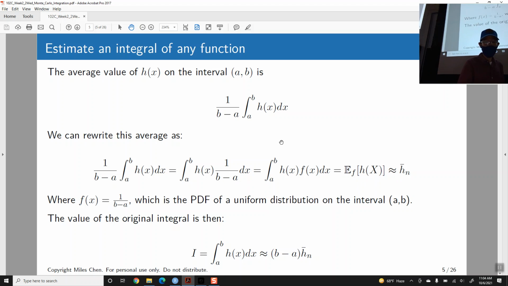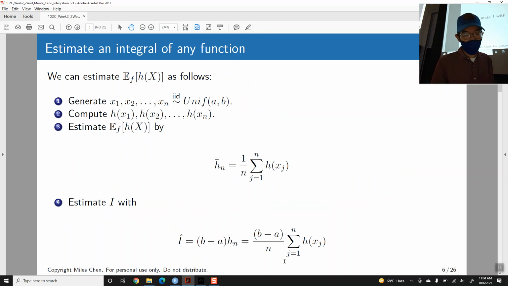This will give me the average value of the function over that interval going from A to B. Then to get the value of the integral itself, I will just multiply it by the width of the interval, and that will give me an estimate. Again, the Monte Carlo estimator is you just generate random values from that PDF.